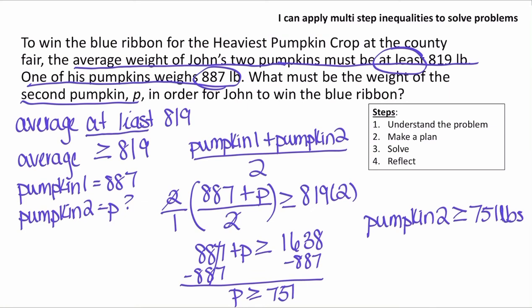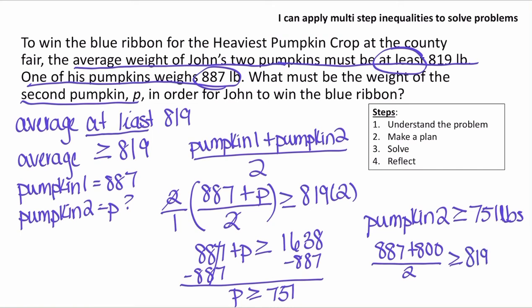So let's think about if that works in the context of the problem. Let's pick a number that's bigger than 751. I'm just going to pick 800. So is 887 plus 800 divided by 2 bigger than or equal to 819?